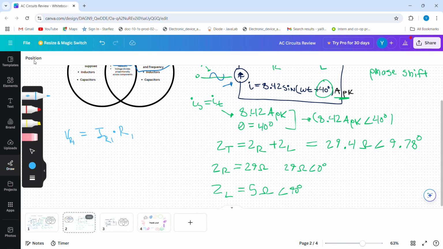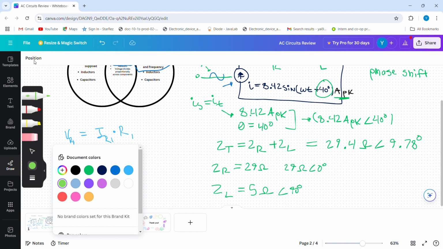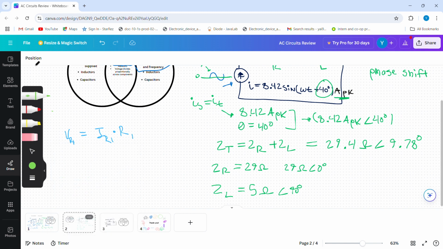Same idea applies here. In this case, let's say I want to find the voltage of the inductor, the voltage of the resistor, and the total voltage. What I would need here is the current at the inductor and the impedance of the inductor, the current of the resistor and the impedance of the resistor, and then finally, the current total and the total impedance.